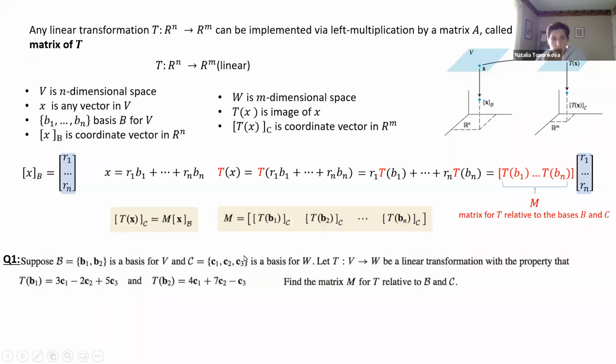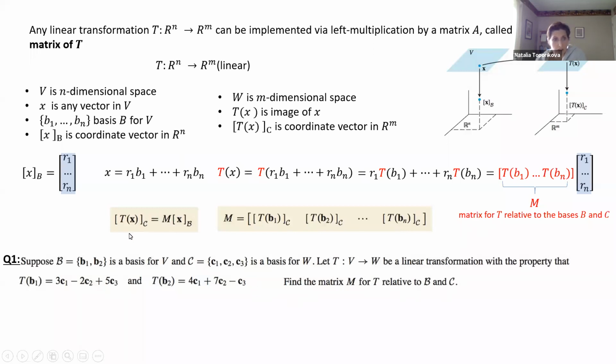We are also given three vectors C1, C2, and C3, which form a basis in our three-dimensional space W. We are also given a linear transformation and the images of our basis vectors in our three-dimensional space. Given all this information, can we find the matrix M for T relative to the bases B and C?